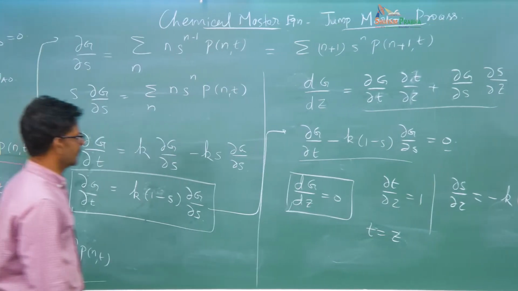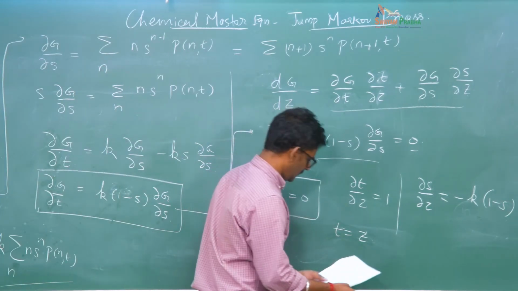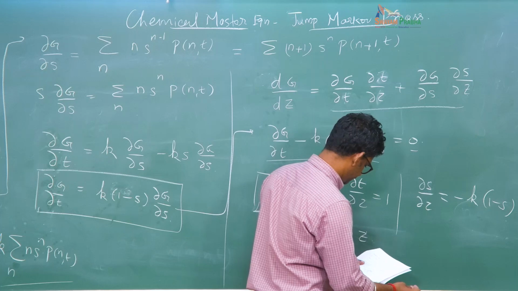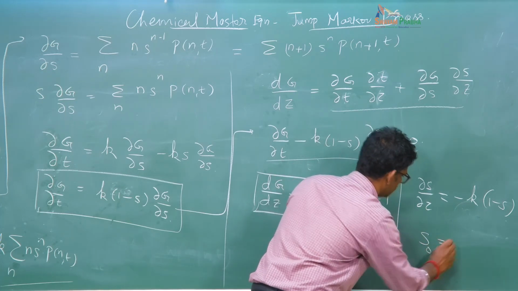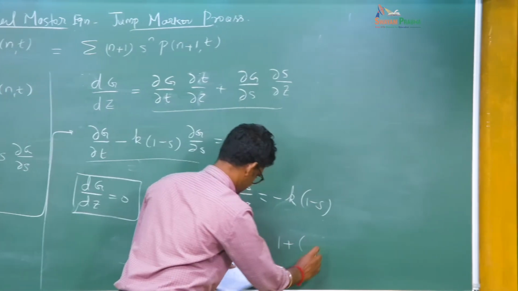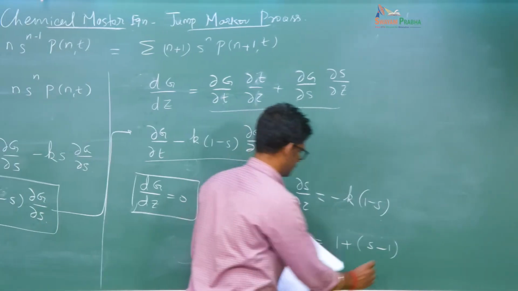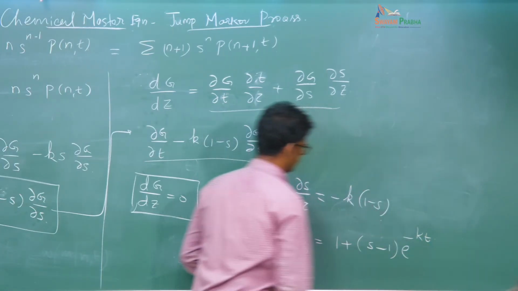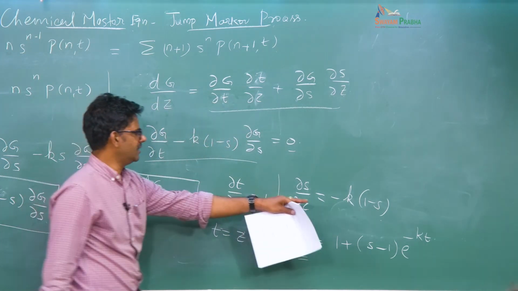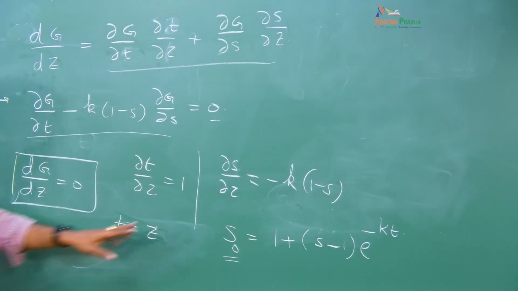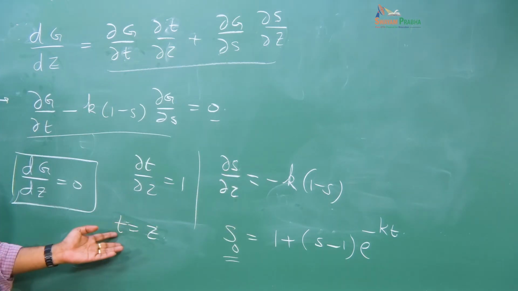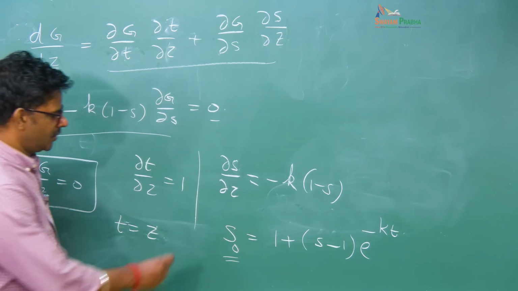So we can write this as s naught is equal to 1 plus (s minus 1) e power minus kt, where s naught is the value of s at t equal to 0. So what we have done here is we have solved this for s as a function of z, but we know z is nothing but t, so I can replace z by t. So I got this equation.